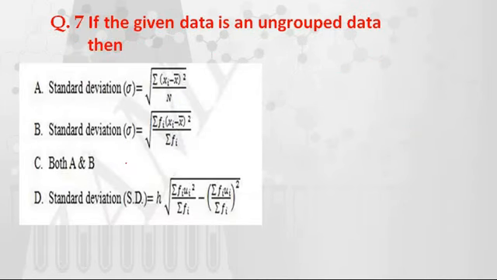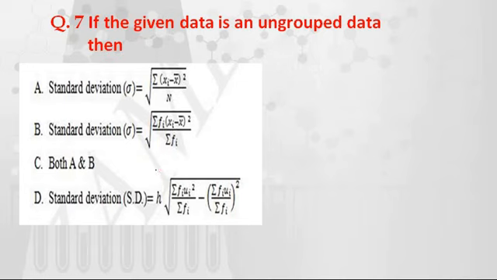Question number 7. If the given data is an ungrouped data, then standard deviation sigma is equal to root of summation xi minus x bar whole square upon n. Option B is standard deviation sigma is equal to root of summation fi xi minus x bar whole square upon summation fi.